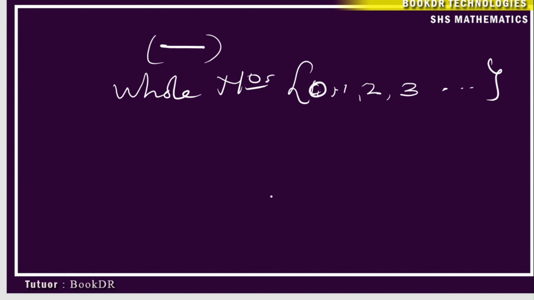No. Subtraction is not closed under whole numbers. For instance, if I have 10 minus 20, the answer is negative 10. And negative 10 does not belong to the set of whole numbers. And as such, we cannot conclude that subtraction is closed under whole numbers.